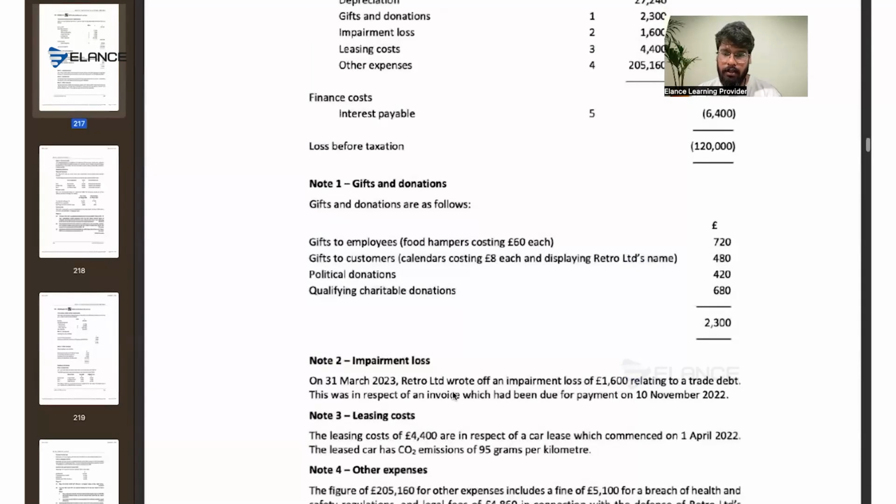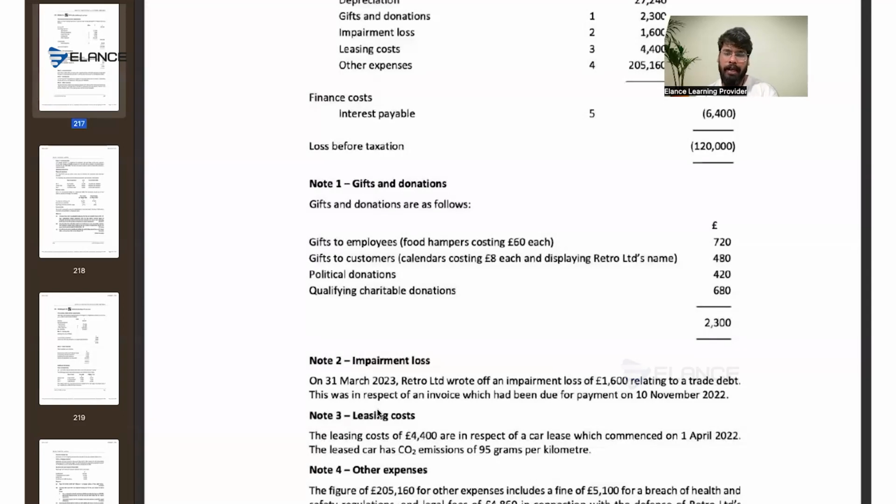And actually there's a note related with the impairment loss. On 31st March 2023, Retro Limited wrote off an impairment loss of 1,600 relating to a trade debt. This was in respect of an invoice which had been due for payment on 10th November 2022. Impairment loss means irrecoverable debt. It was a trade debt and now it is irrecoverable.